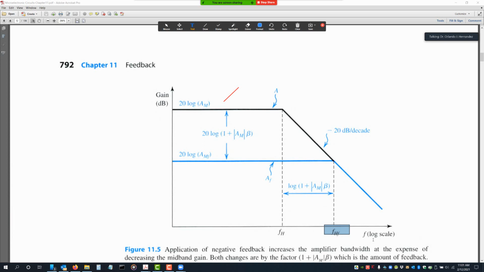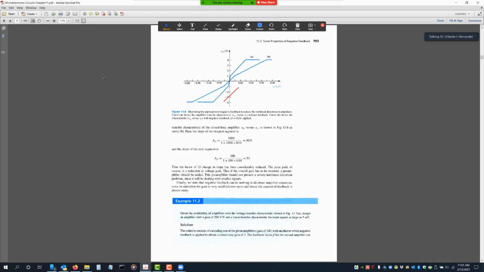All right, so since I have the book here, let's go to the next item, and let's talk about another benefit of feedback, which is the reduction in nonlinear distortion. So for that, a good way to look at that is to look at figure 11.6.